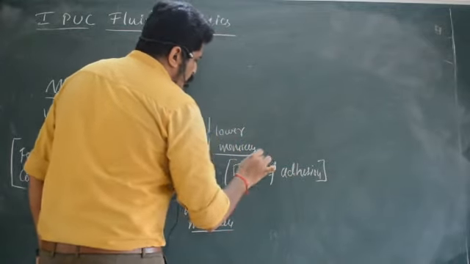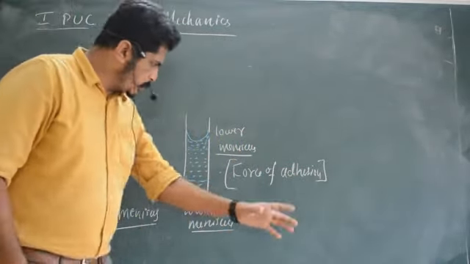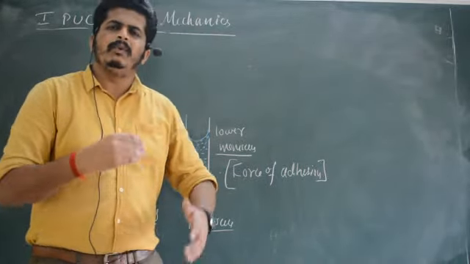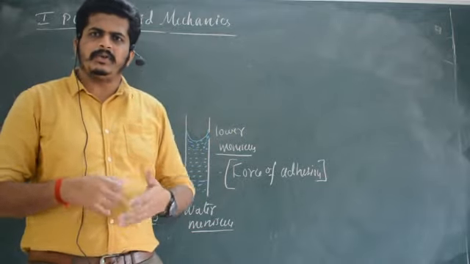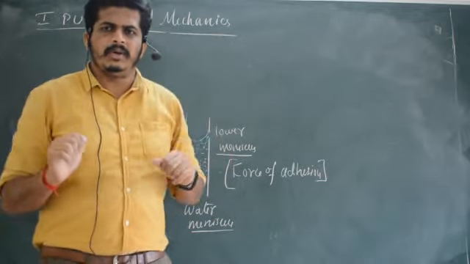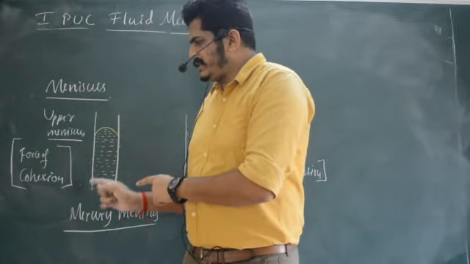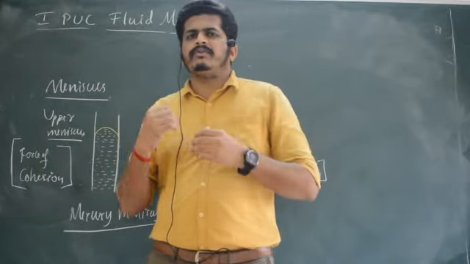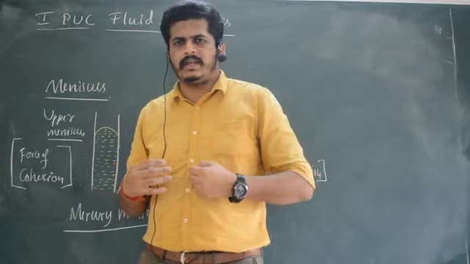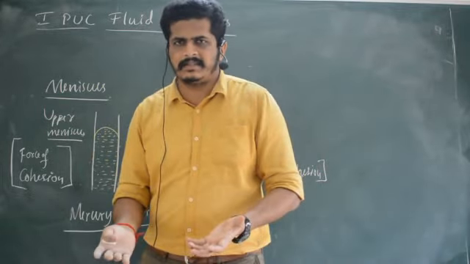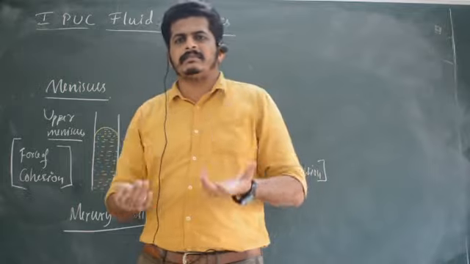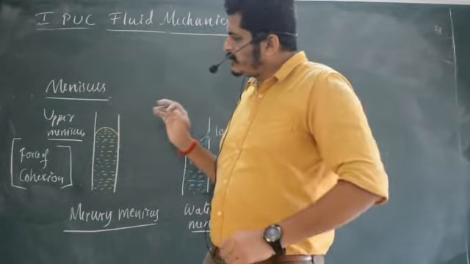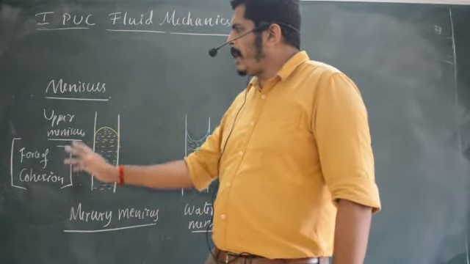Because of this, water inside a capillary tube will have a lower meniscus. Water will wet the glass surface, so it tends to have a lower meniscus. Whereas mercury doesn't wet any surface, especially glass surface. Because of the cohesive force inside the mercury, it never gets attached to any other substance, so it cannot make the surface wet. That is why it tries to be separate, and that's why it has an upper meniscus.